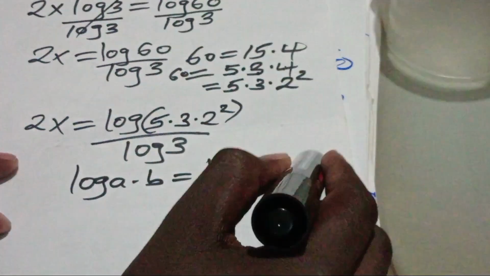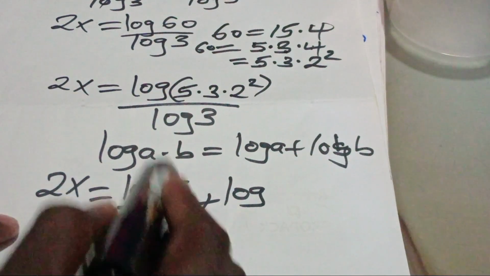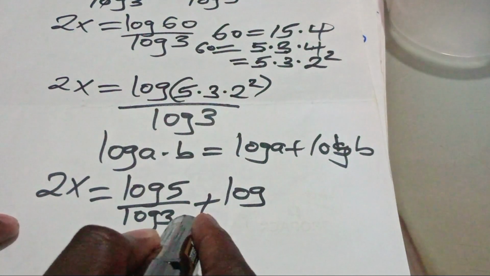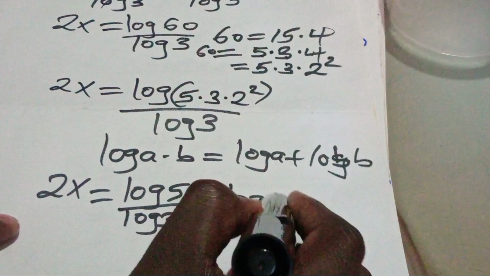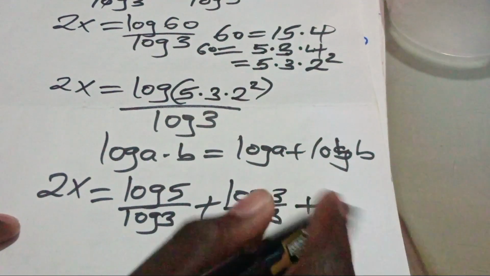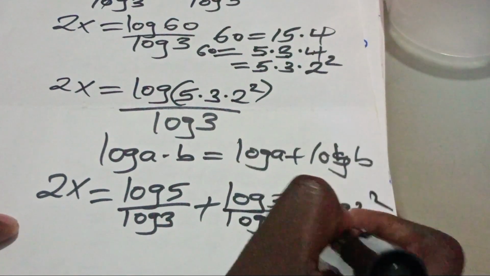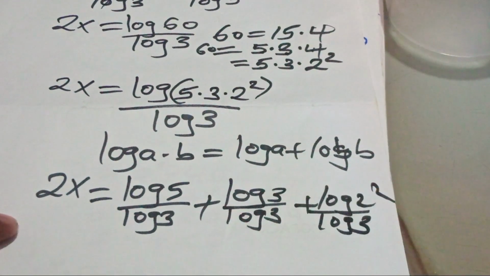Now applying this logarithm property, that is log a times b, which is log a plus log b, you find that 2x is equal to, now you'll have log 5 divided by log 3 plus log 3 divided by log 3 plus we'll have log 2 to power 2 divided by log 3.